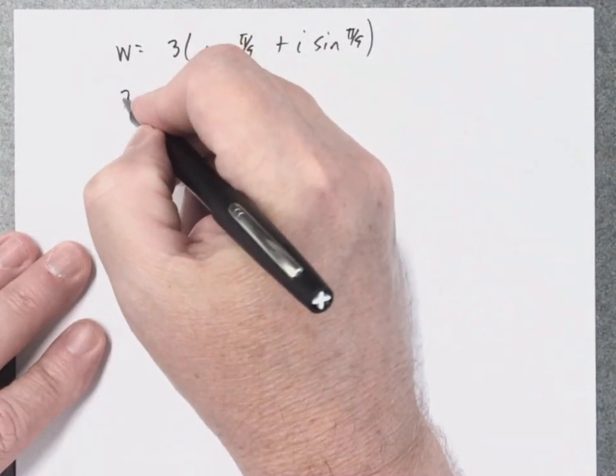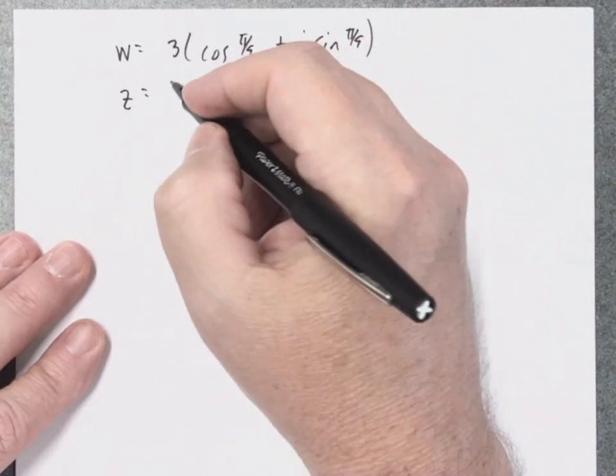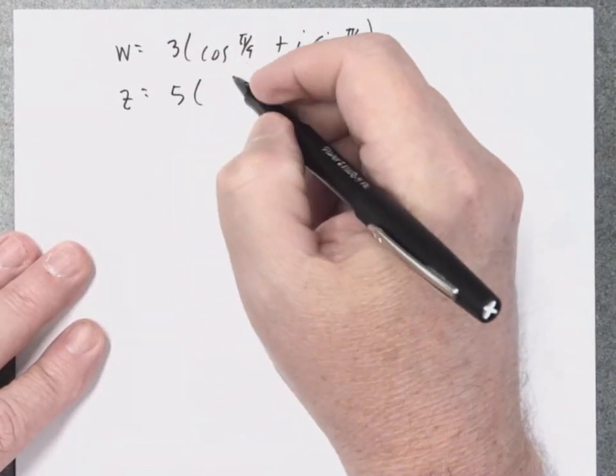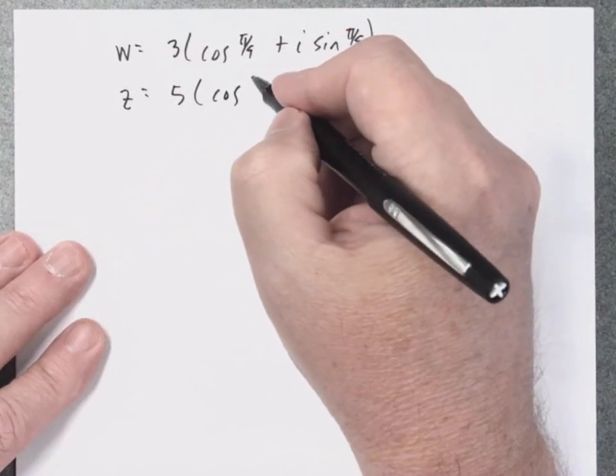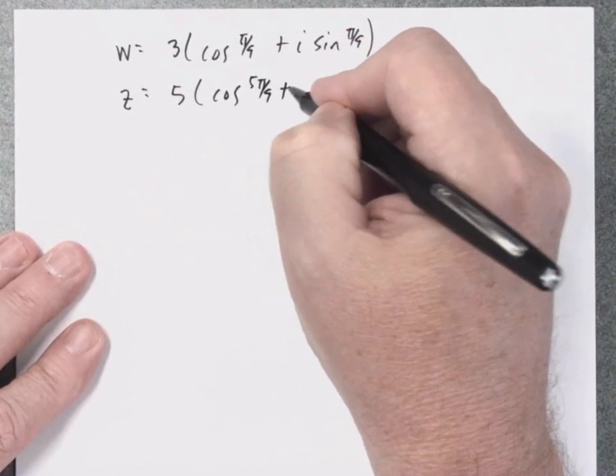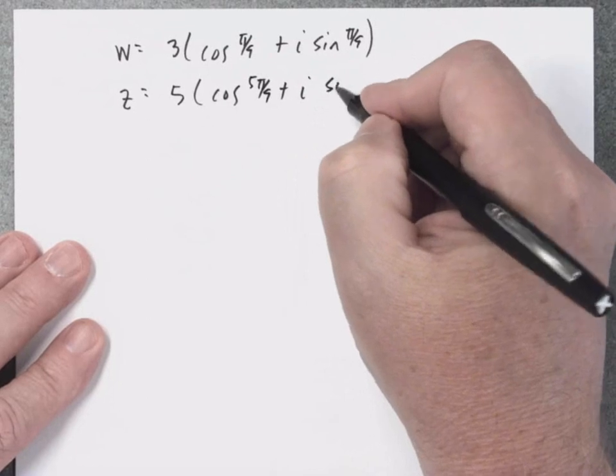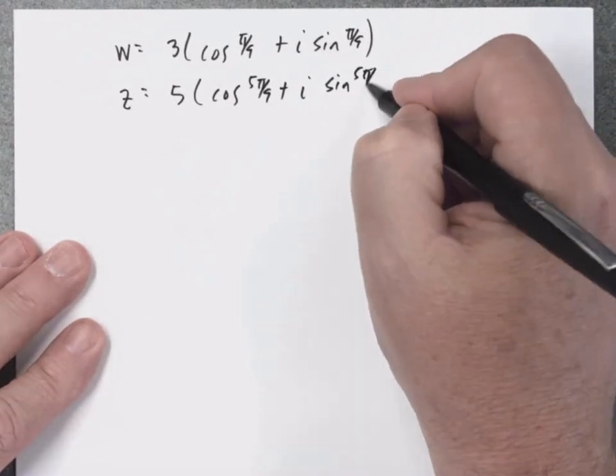And the z is 5 cosine 5 pi over 9 plus i sine 5 pi over 9.